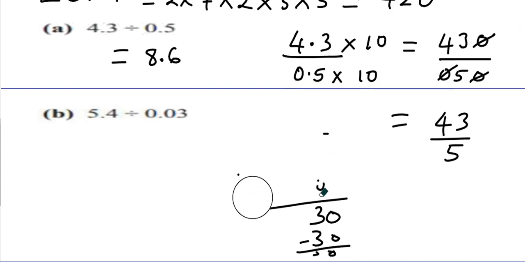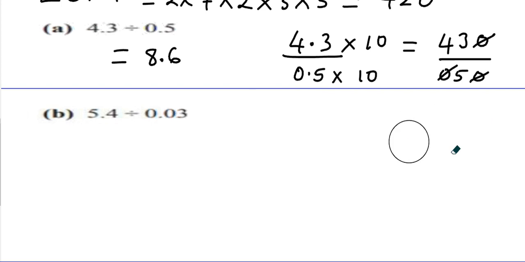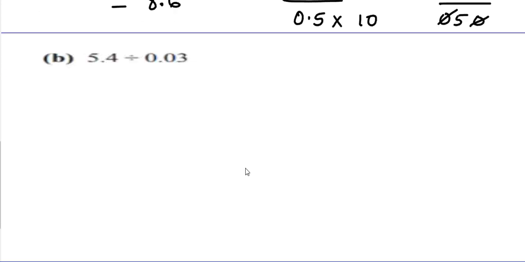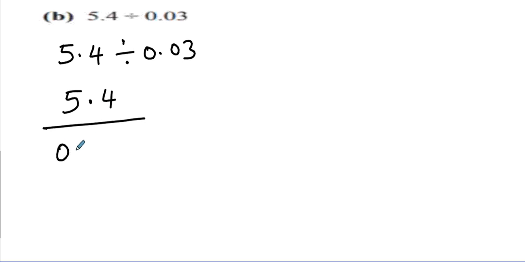Okay, let us check this question over here. It is still division. Division, we have discussed a lot of questions. This is 5.4 divided by 0.03. For division, treat this as a fraction. 5.4 divided by 0.03.